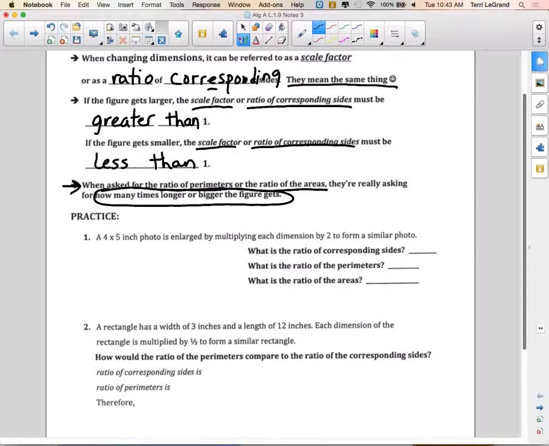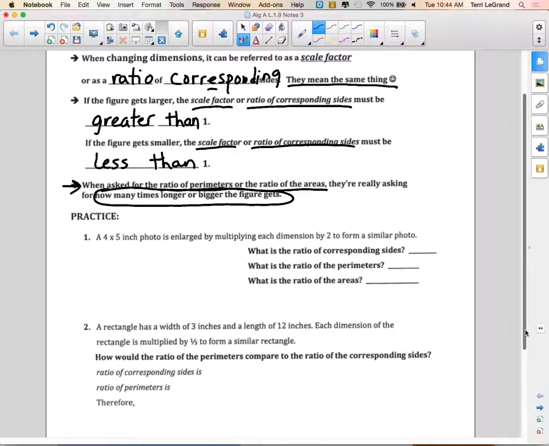You just need to basically think to yourself, how many times bigger or longer, or if perimeter is longer, how many times longer would the perimeter be? It might be shorter also, okay? Might end up shorter also. And bigger, it might also end up smaller. So they're really just asking you, how did it change? Did it get shorter or longer? Did it get smaller or bigger?